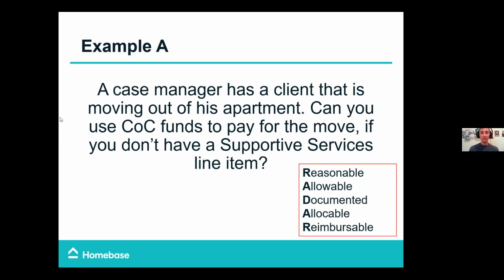Some very common examples are the staff time cutting rental assistance checks, or generally administering the rental assistance payments, staff time doing HQS inspections, staff time including lead paint inspections. I believe there's a number of other staff costs that are a little bit less specifically defined by HUD in their guidance outside of the interim rule.